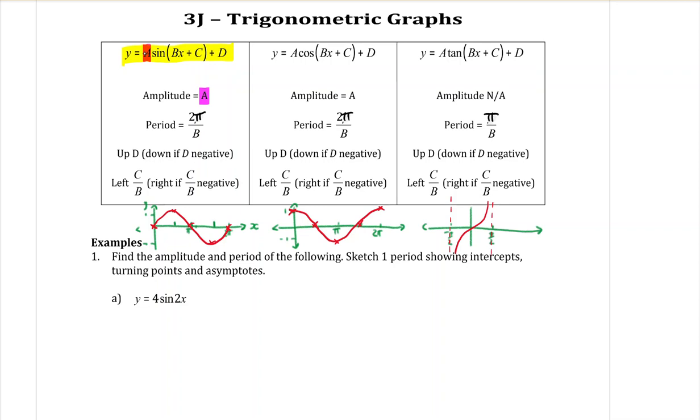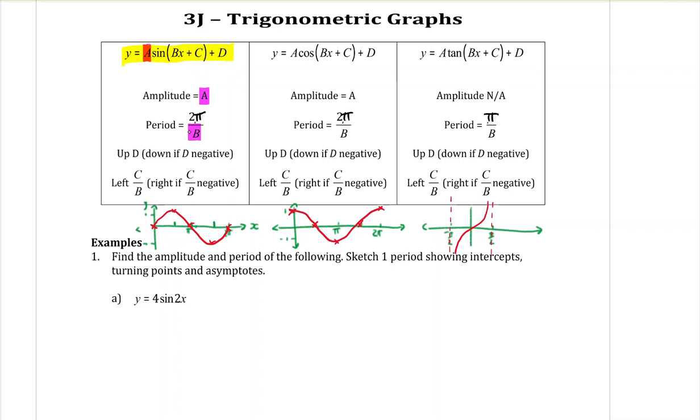And to calculate the new period, you divide your 2 pi by whatever that number is. So again, if that number was a 2, I would do 2 pi divided by 2, which makes pi. And that then means my whole graph is going to be squished horizontally so that a whole rotation is going to happen between 0 and pi. Okay? All right, so that's the A and the B that we've talked about.